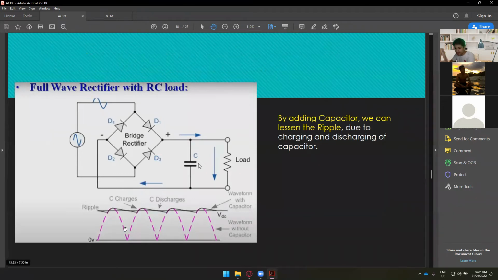From pulsating DC from 0 to let's say 5 volts, we can maintain a voltage of let's say 4 to 5 volts. It still has a little bit of ripple, so it's still pulsating DC, but it's already lessened with the use of a resistor and then a capacitor.